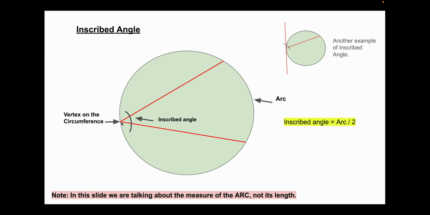The vertex again is on the circumference, it's not in the center of the circle. This type of circular angle is called inscribed angle, and the arc is equal to 2 times the value of the angle, or vice versa. The angle is equal to half the arc, this part of the arc that is being intercepted.